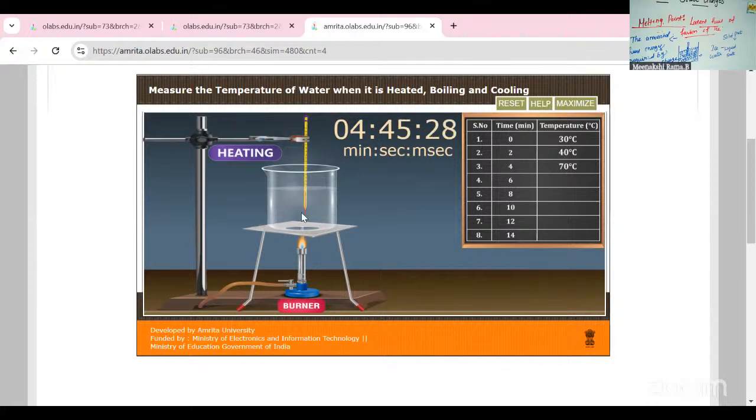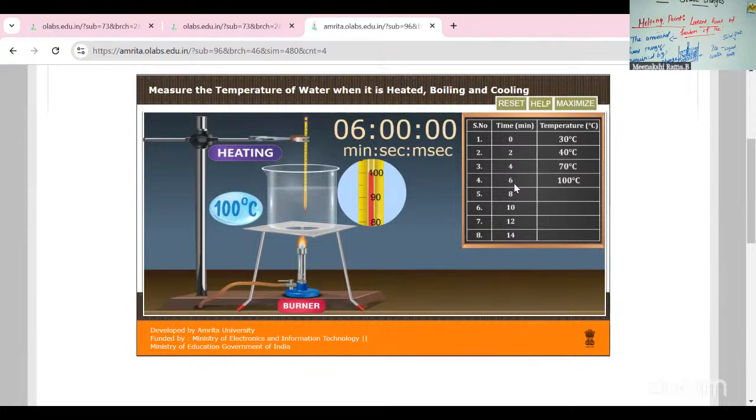Look at here. The water is heated. The heating process is going on here. After 6 minutes, the level reaches 100 degrees.